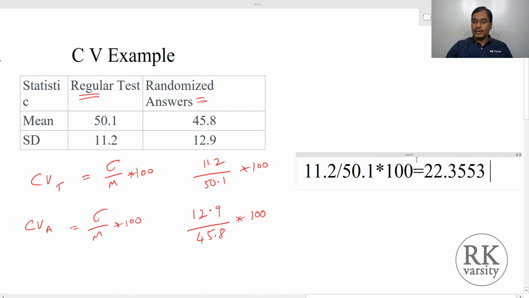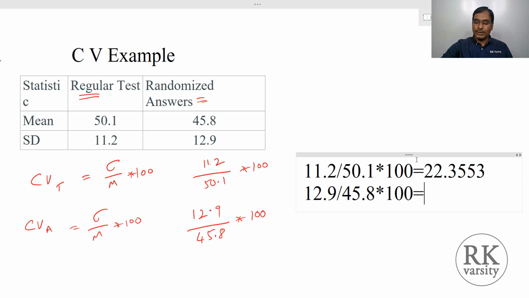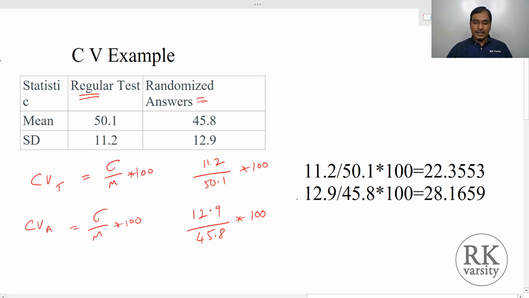So this is 22.35, whereas for the randomized answers, this is 12.9 upon 45.8 into 100, which is 28.16. So in this case, the randomized answers have a higher coefficient of variation. A higher coefficient of variation indicates that in the case of randomized answers, the data points are highly volatile or scattered compared with the regular test.